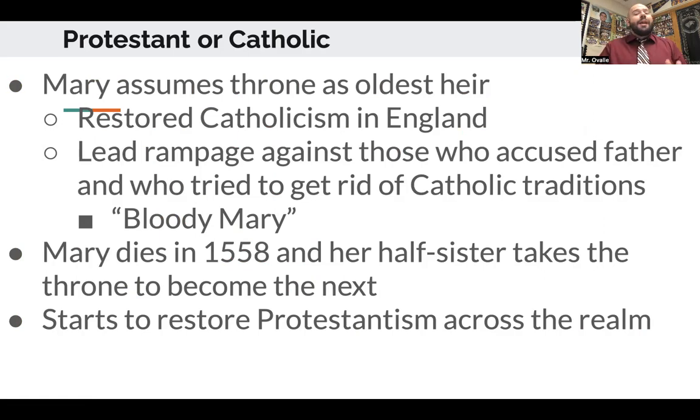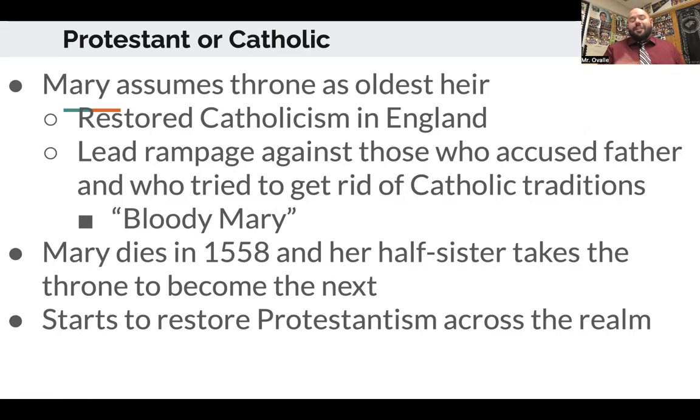So she is going to lead a rampage of those who accuse her father of trying to get rid of Catholic traditions. She is called Bloody Mary. I believe there was one instance where she burned 200 people at the stake for, being basically petty for people disliking her father. Hey, that's loyalty. Mary dies in 1558. So she only ruled for about 5 years after her younger half brother.